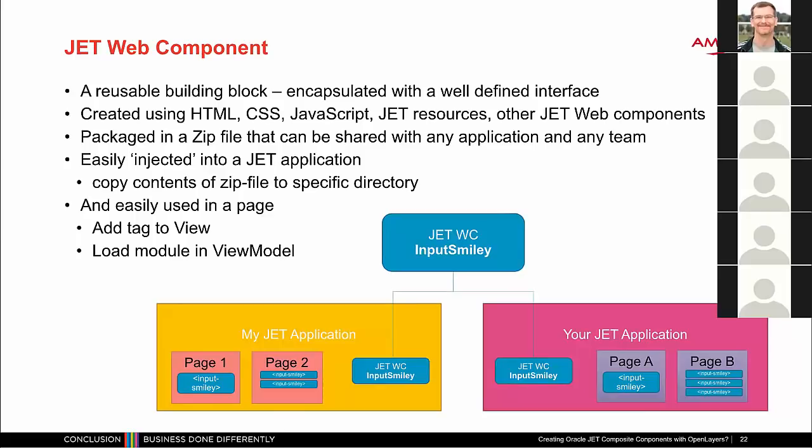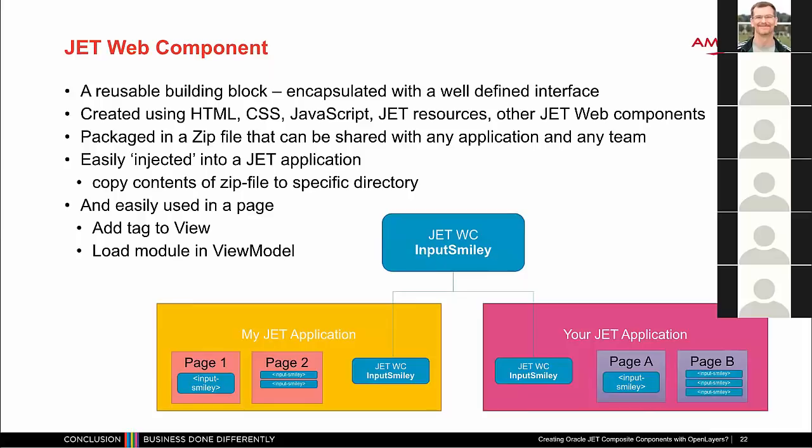A JET web component is very easily injected into a JET application. You just take the contents of the zip file, copy it into the right directory, and then you can start using it in your application, in your pages, just like any normal JET component. In this example, I've created an input smiley component, something that we're all dying for, and that's available as a JET web component. I copy its zip file contents into the two applications that you see on the slide, the yellow one and the pink one.